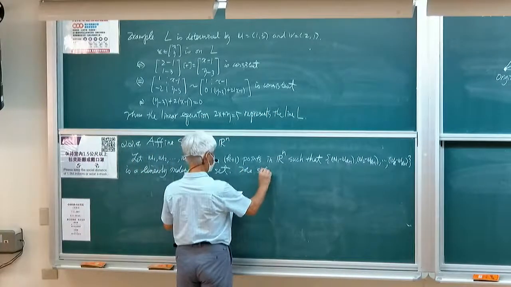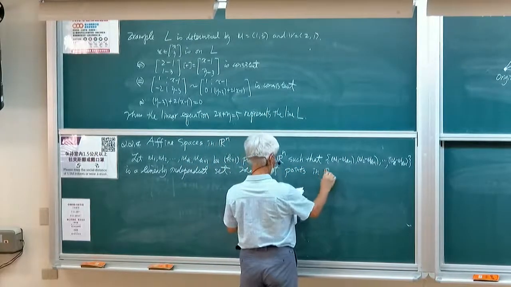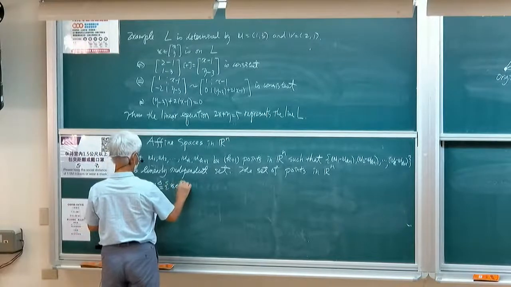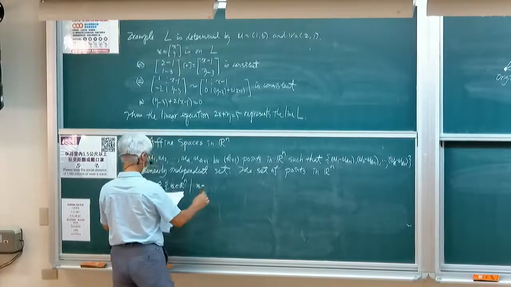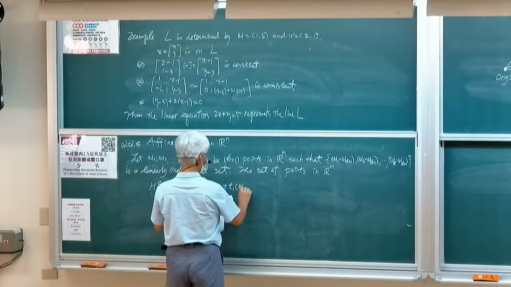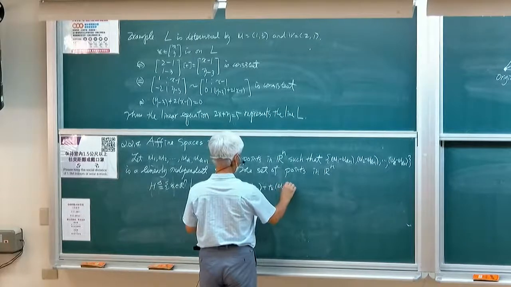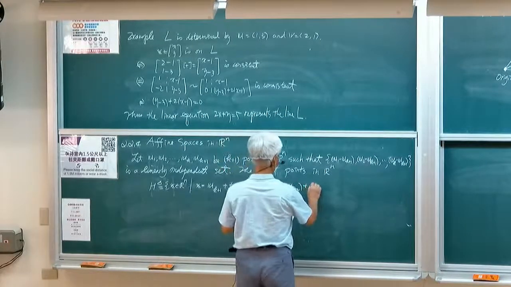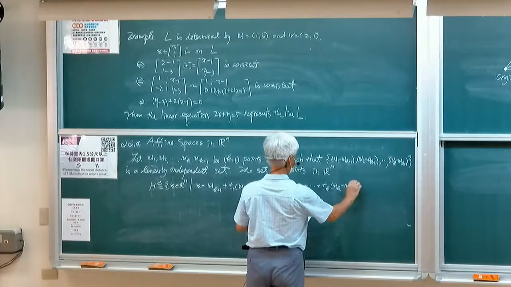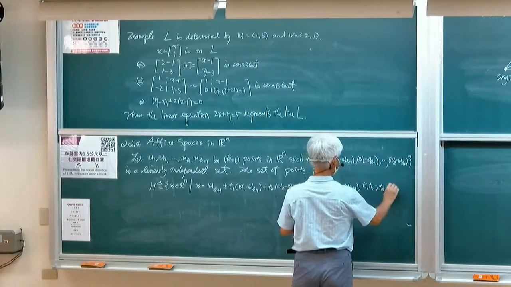Then the set of points in R^n defined by x equal to the base point u_{k+1} plus t_1(u_1 - u_{k+1}) plus t_2(u_2 - u_{k+1}) plus ... plus t_k(u_k - u_{k+1}), where t_1, t_2, ..., t_k are in R.